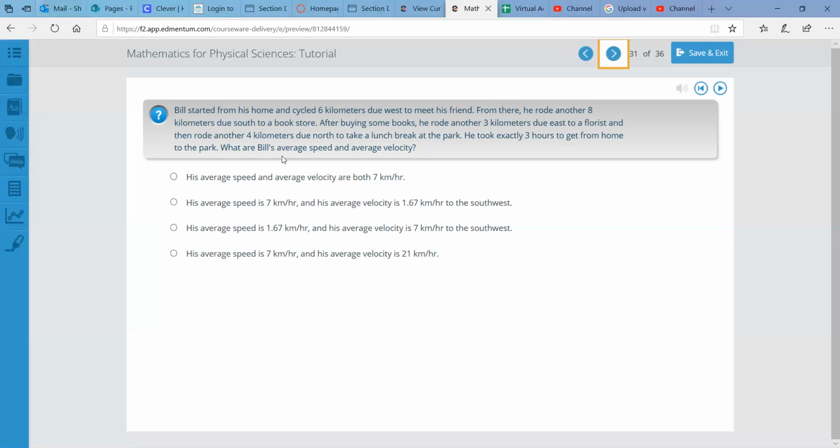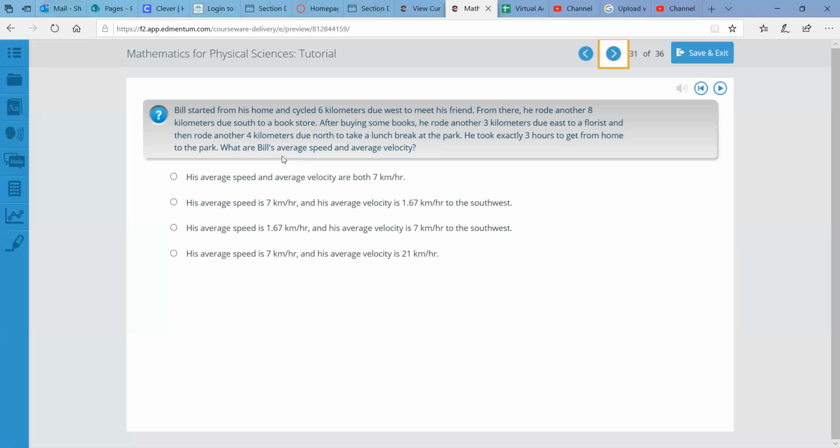And that leaves him 3 kilometers west from his starting point and 4 kilometers south. So forming a triangle, he is 5 kilometers away if you use geometry to find that.